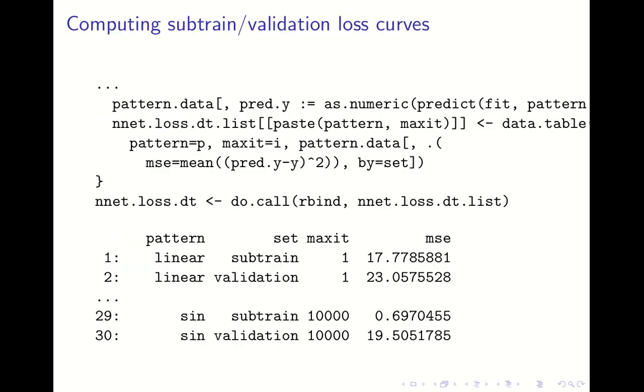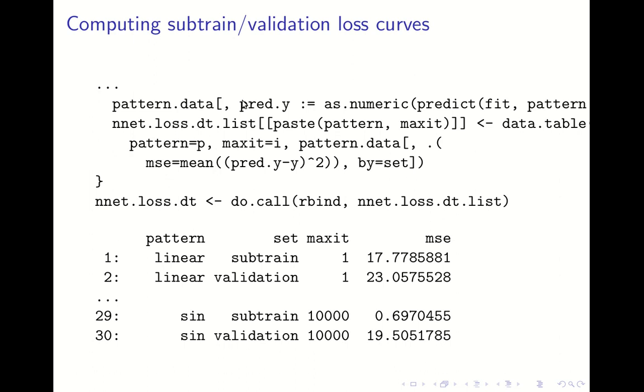So finally, to compute those subtrain and validation loss curves in R, to resume our previous code block, what we need to do is assign a new value to a new column in our pattern data data table.